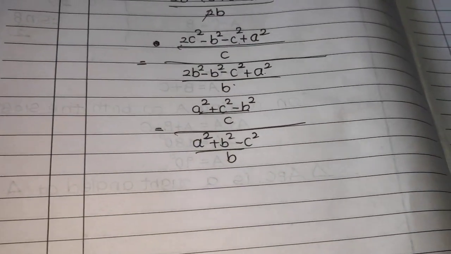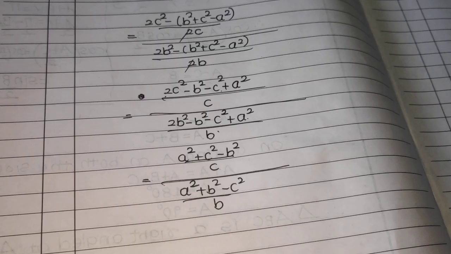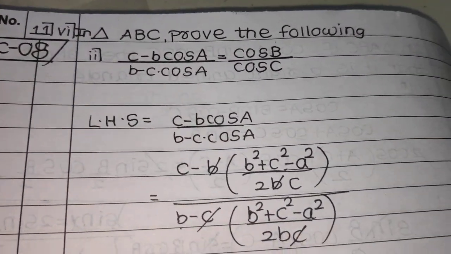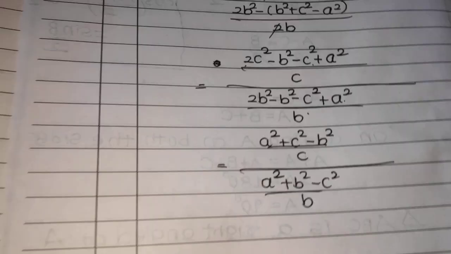So the terms have come out like this. Now what we have to prove is cos B in the numerator, and in the denominator cos C, that is cos B divided by cos of C.